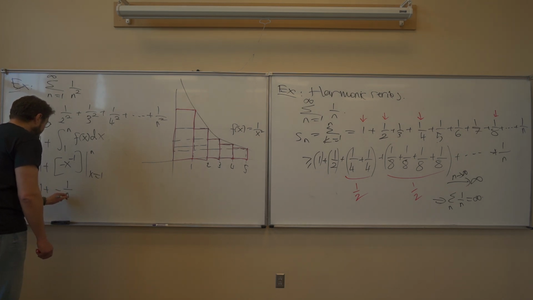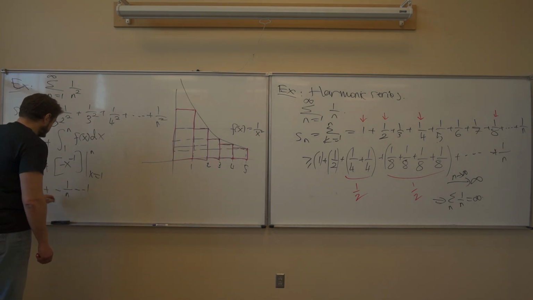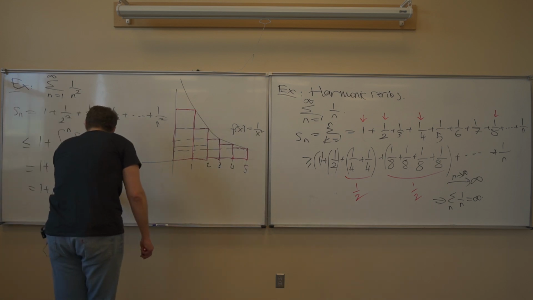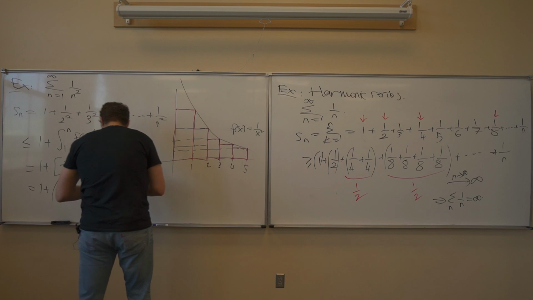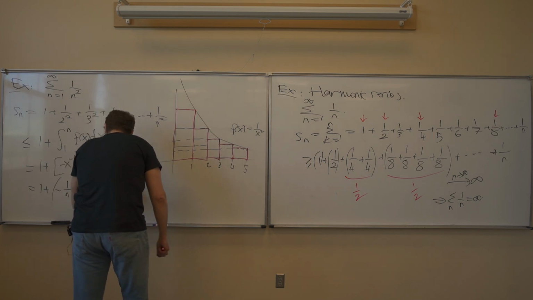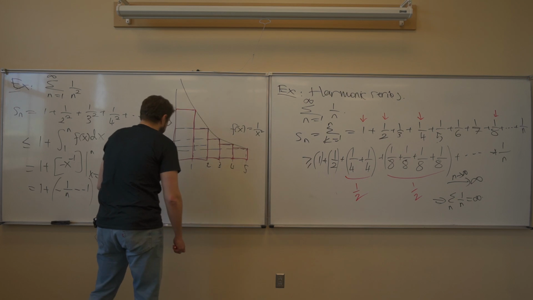Minus 1 over n minus 1. So 1 plus 1 minus 1 over n is 2 minus 1 over n.